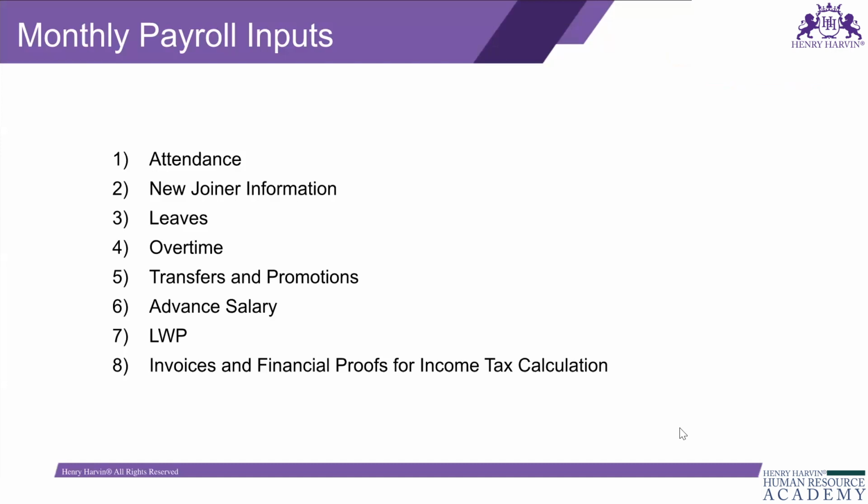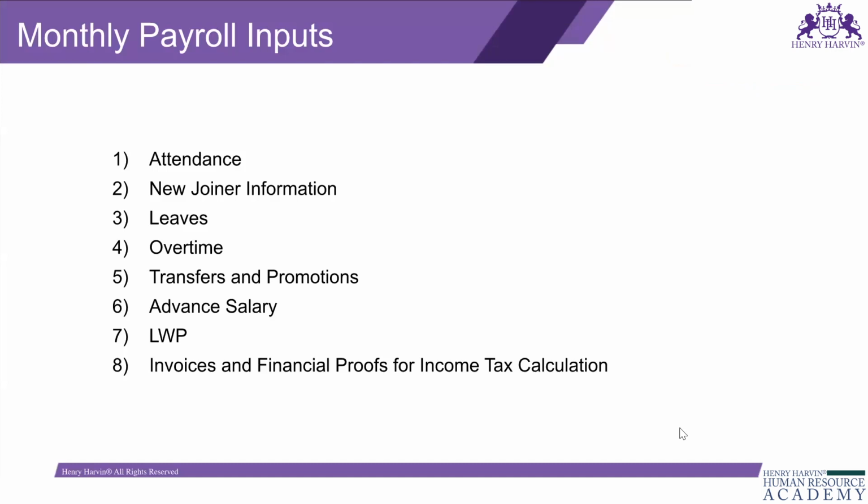For example, if the employee is receiving 10,000 rupees as gross salary, and the employee has received 3,000 rupees as salary advance, then the employee is eligible to get only 7,000 rupees as gross salary for that particular month. So from 10,000, you have to deduct 3,000 rupees from that employee's salary, and pay the remaining 7,000 rupees.